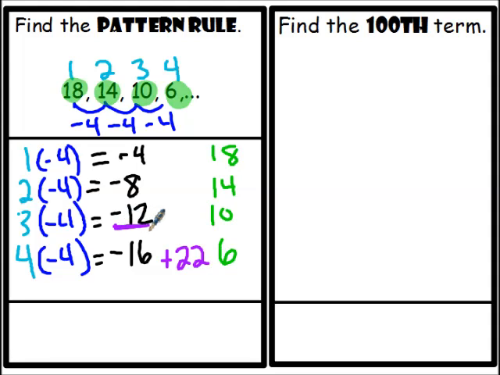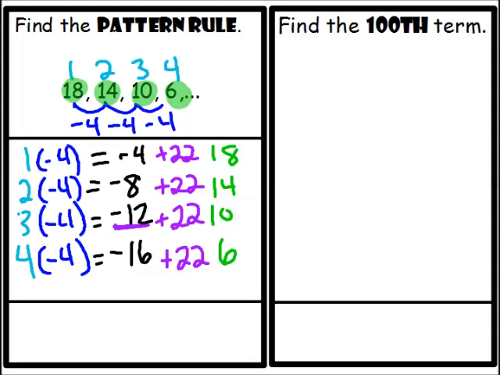From negative 12 to 0 is 12, and from 0 to 10 is another 10. 12 plus 10 would give us 22. So you can see each time we're adding 22. So these are a little bit trickier because you do need to account for the difference between the negative number and 0, and then from 0 to the positive number.